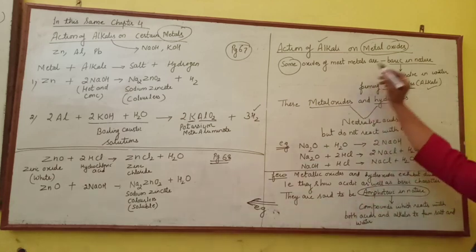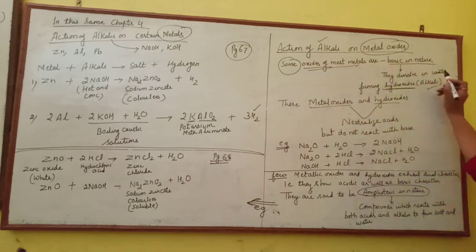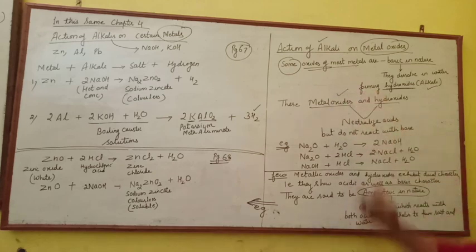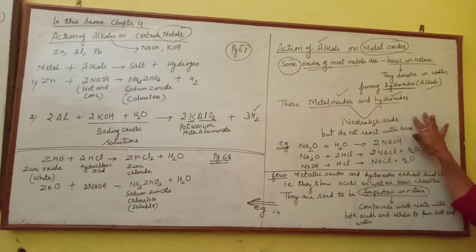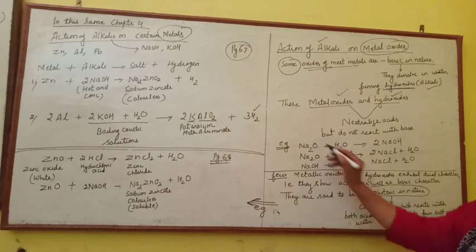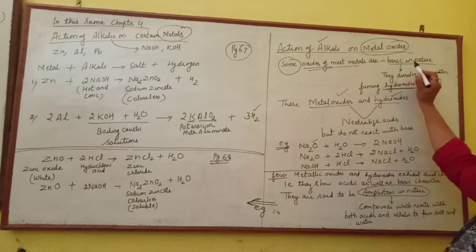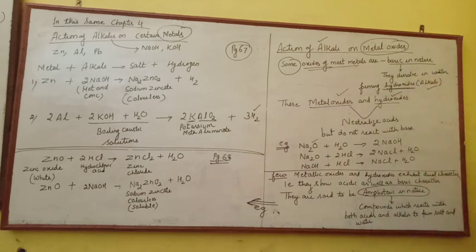I am telling you, oxides of metal, which are basic in nature, when dissolved in water, form hydroxide, and these metal oxide and the hydroxide neutralize acids, but do not react with the base. Let me show you the example. I am taking sodium oxide, a metal oxide which is basic in nature.